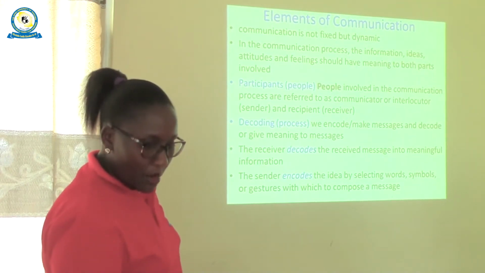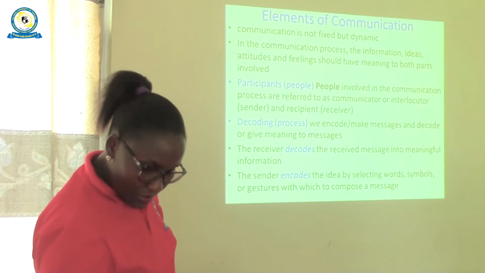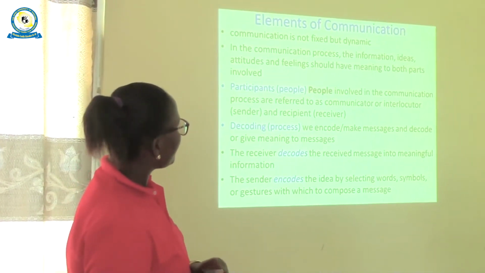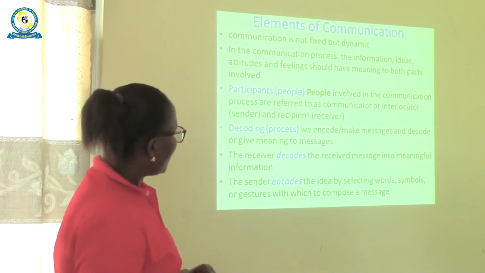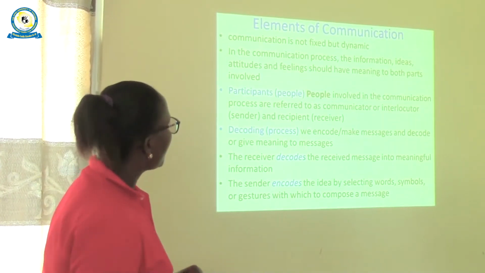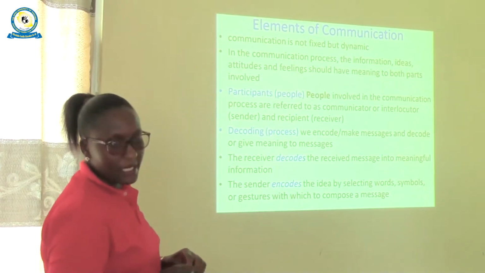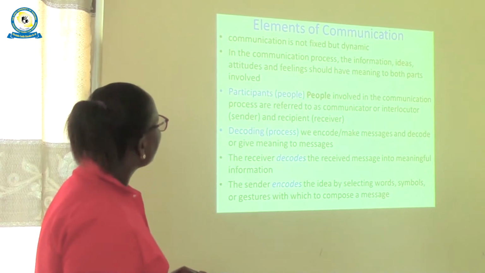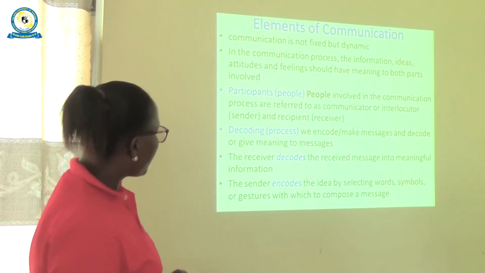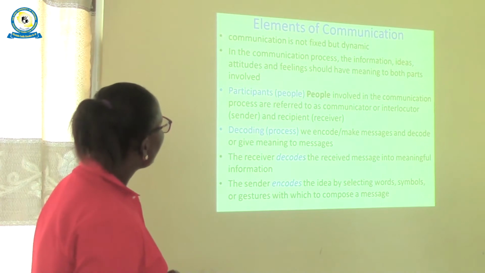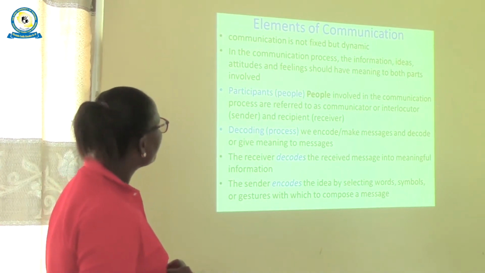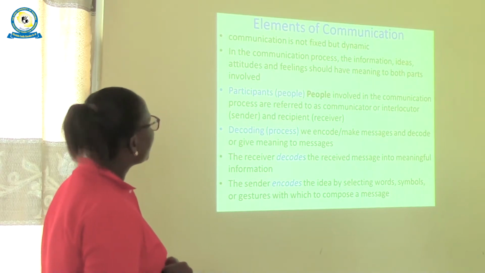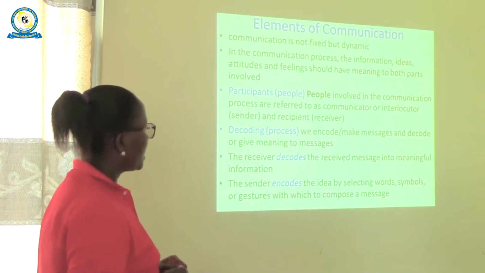Now, from my previous discussion with you, we ended on the key elements that we need to take into account to ensure that communication is effective. So for communication to be effective, we need to have some people involved, and we call those people participants in communication.